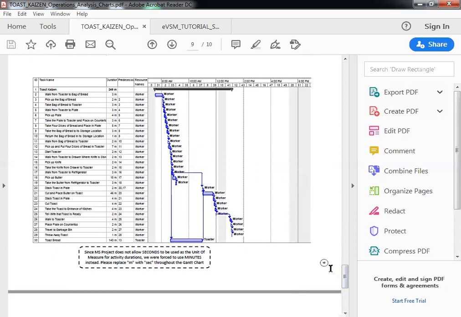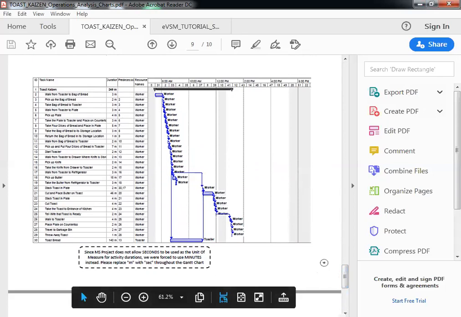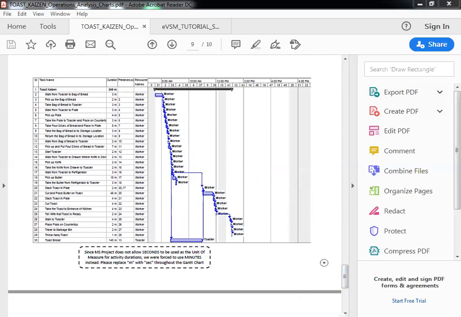Questions? No questions? You got this part, the Gantt chart? 30 steps? Yes. You know what, guys? I keep telling you that industrial engineering science misses certain things, and the lean thinking and the lean toolkit misses certain things.